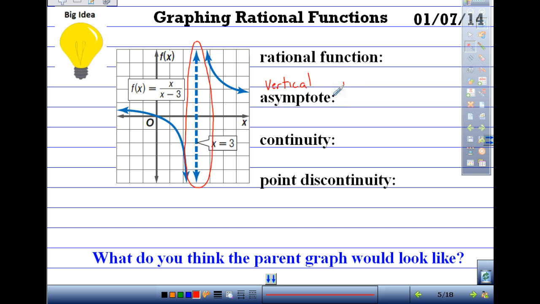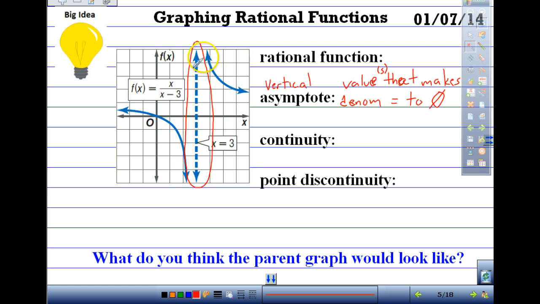And again, it's the value that makes the denominator equal to 0. And I would say value or values, because there can be multiple vertical asymptotes. It's possible.